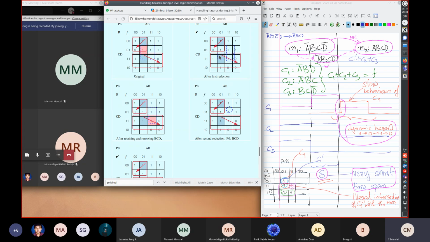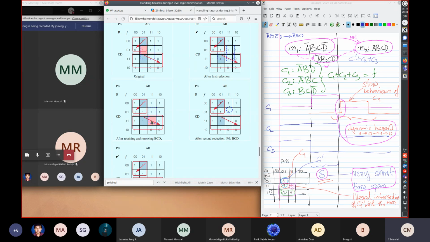Now this horizontal cube is BCD. So BCD is okay because this one includes the starting point. So that can be retained.